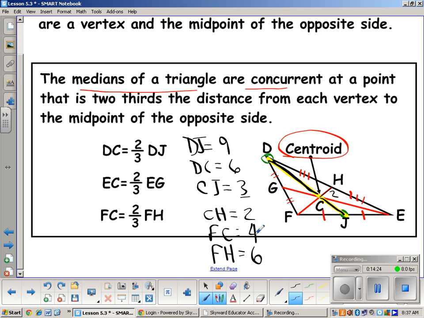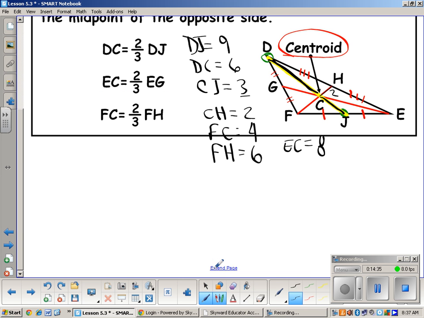Okay? Now, what if EC is 8? Let me create a little more room here. The distance from E to C is 8. We need to know the distance from G to C and from G to E. So if E to C is 8, Nick?